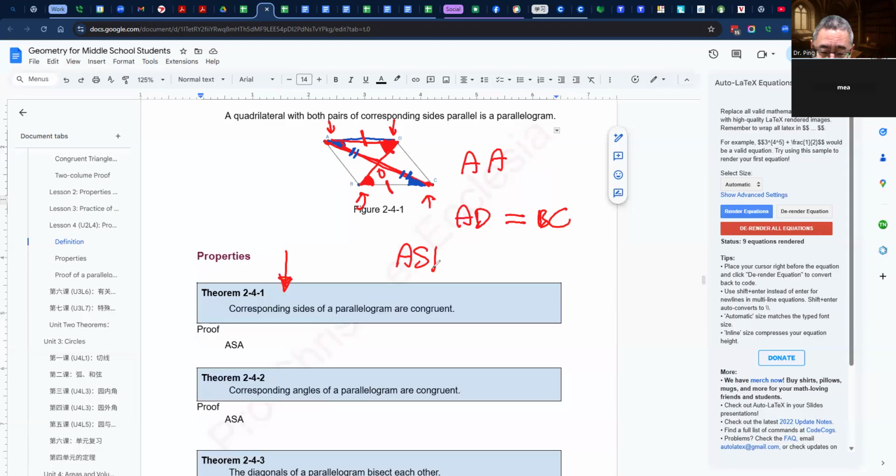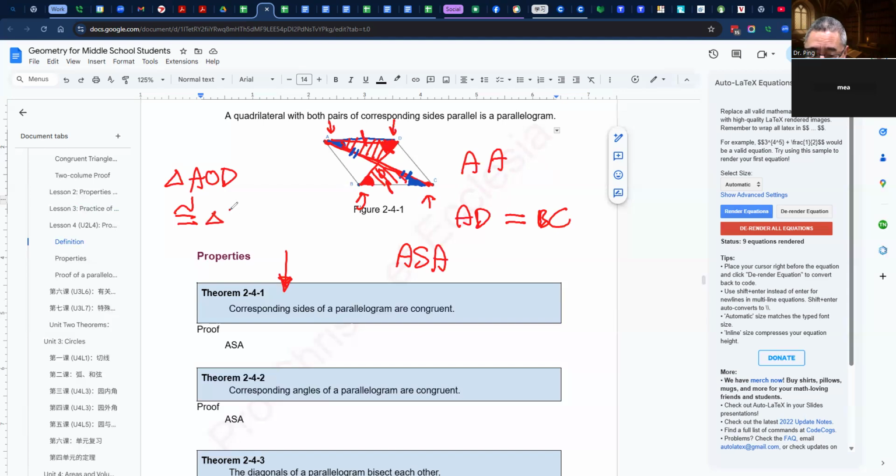Therefore, we have two congruent triangles. One is the one on the top here, which is triangle AOD. That is congruent to the bottom triangle right here, triangle COB.